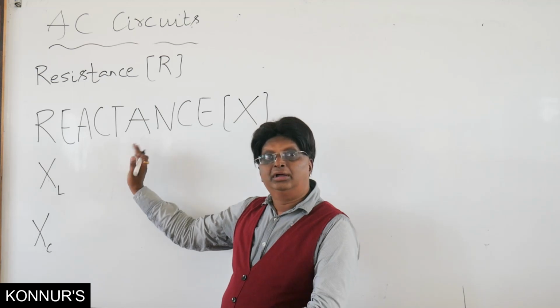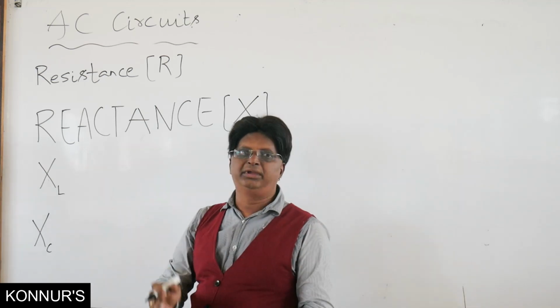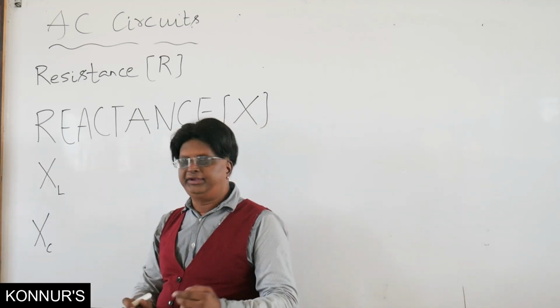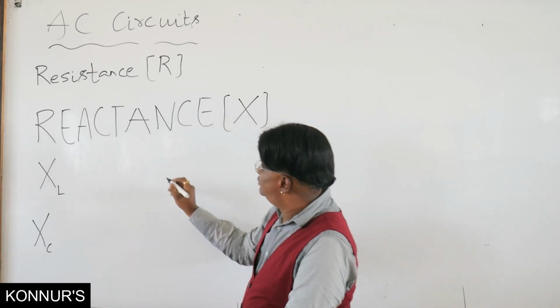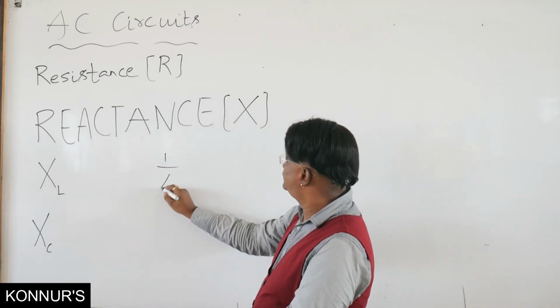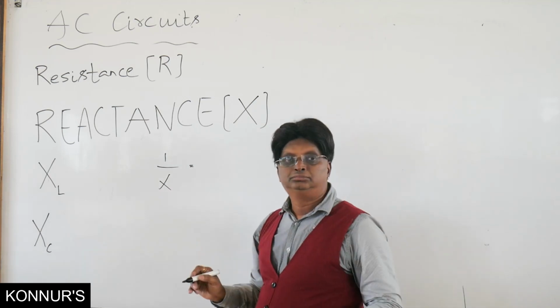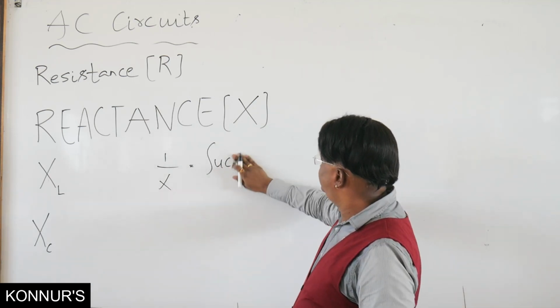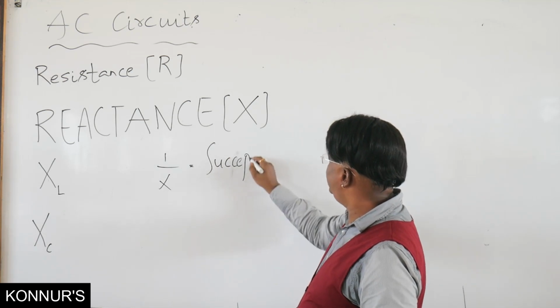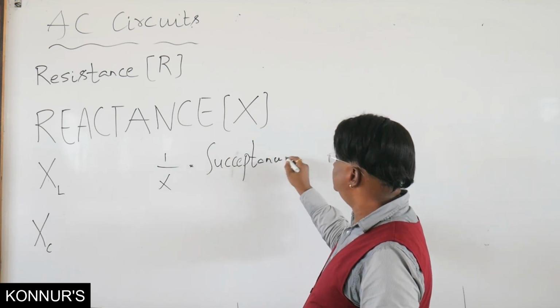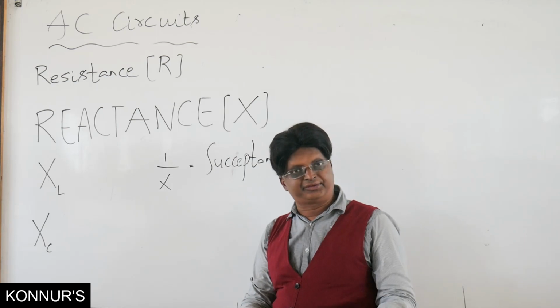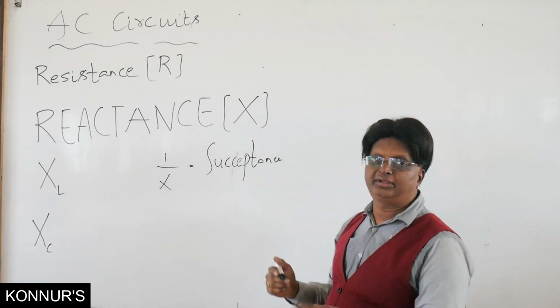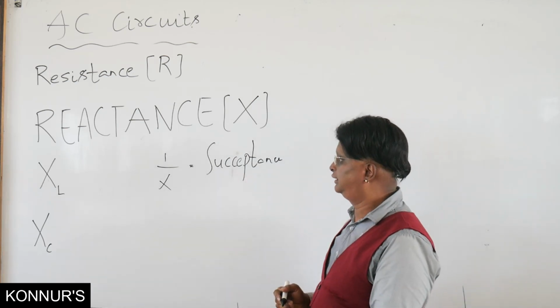Similarly, what is the reciprocal of reactance? It can be a very simple CET or NEET question. The reciprocal 1 by X is called susceptance. Reactance has the unit of resistance, that is ohm, and susceptance has the unit of mho, the Siemens.